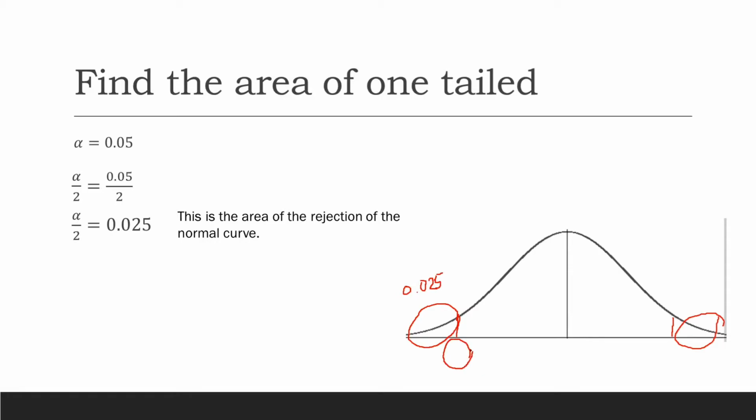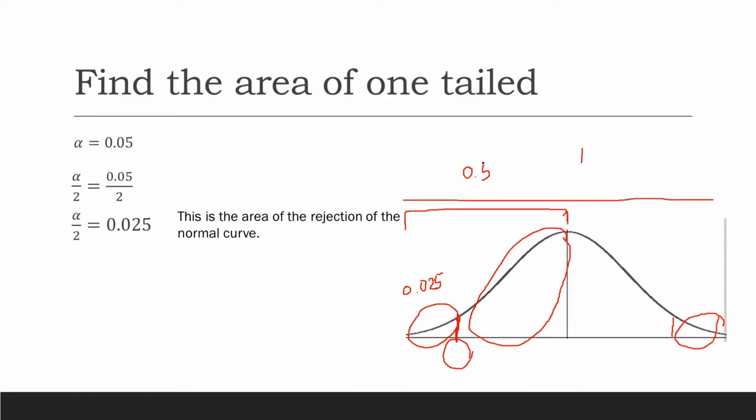So, to find the critical value of this part, kailangan nating hanapin yung area nito. So, paano natin mahahanap yung area nito? So, if you remember, this whole curve is equal to 1. So, kung yung half lang yung hahanapin natin, then this is equal to 0.5.